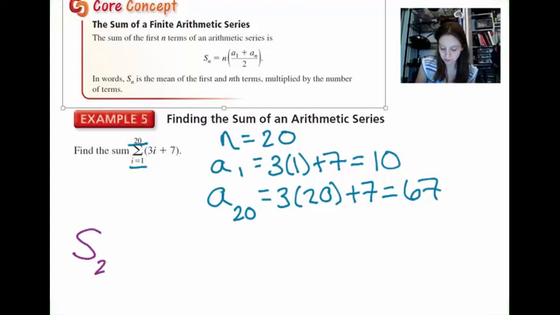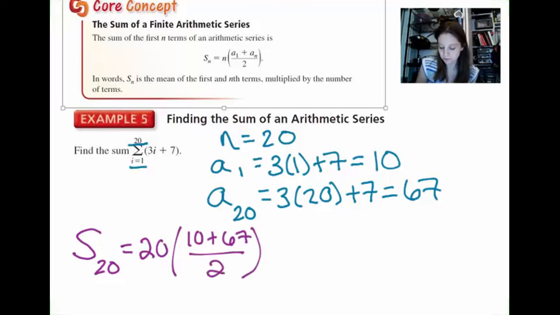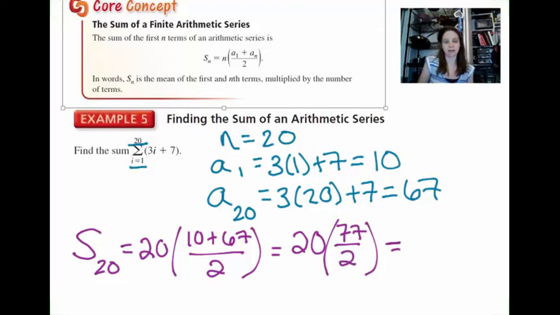So the sum of the first 20 terms is going to be 20 times 10 plus 67 all over 2, which is going to be 20 times 77 over 2. And at this point, I can just put it in a calculator, and I will get 770.